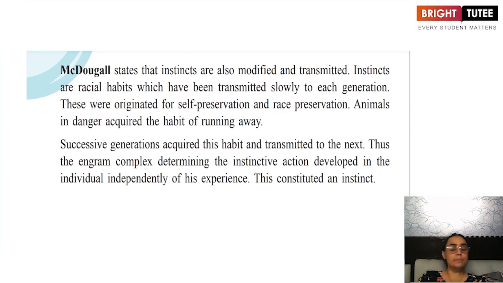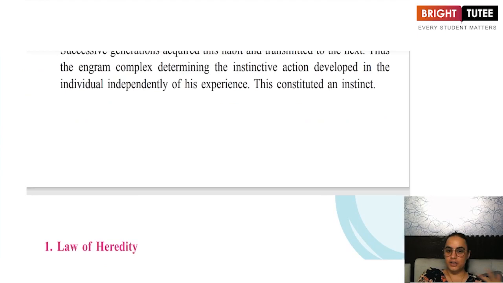They are independent of your experience. Your instincts are never dependent on your experience. Your instincts are something that you have inherited from your previous generation and are there in you by default. And they cannot be changed, they cannot be denied.